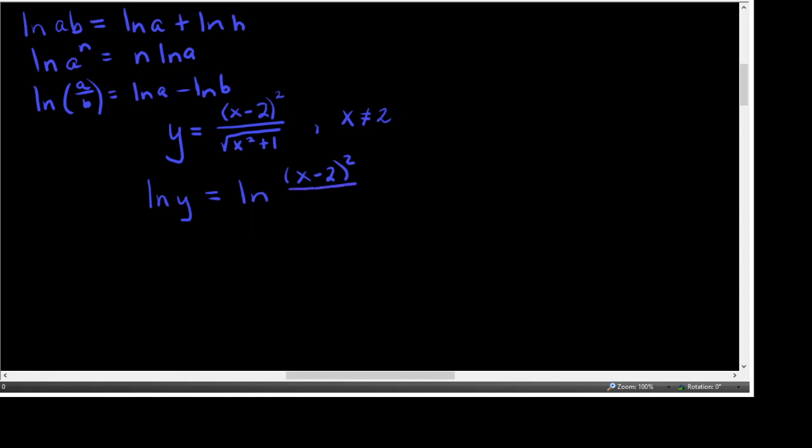And I'm going to go ahead and rewrite that radical as a power while I'm doing this. And then expand the logarithm of that relatively nasty looking thing. So that is the natural logarithm of the numerator minus the natural logarithm of the denominator.